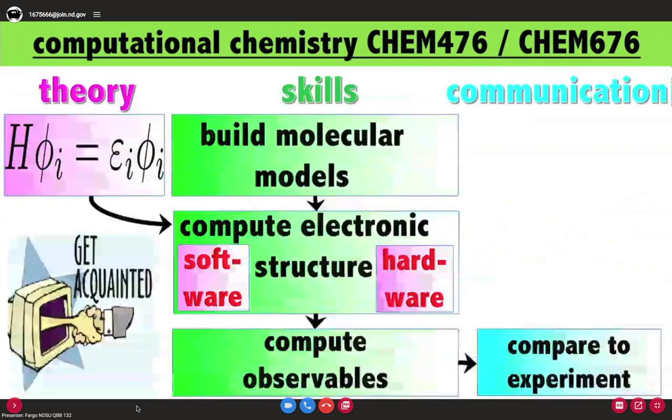And here is the summary of the course. In the labs on Wednesday, we'll run correct software on correct hardware, and basically this course is about putting in molecular models and getting some of their observables.